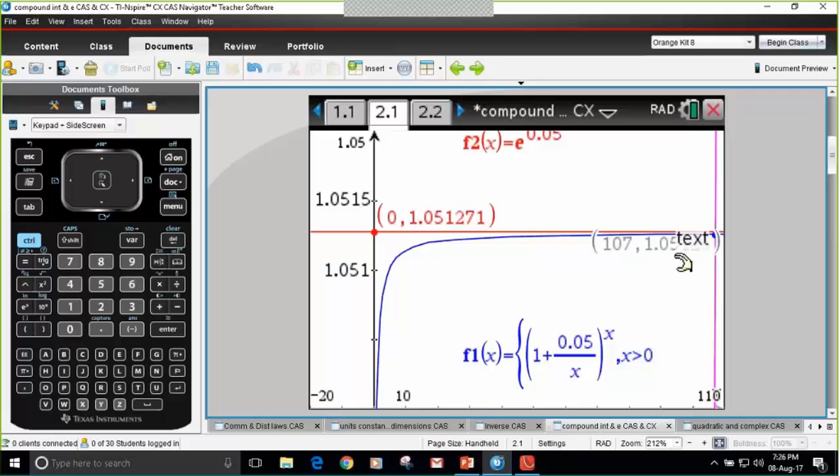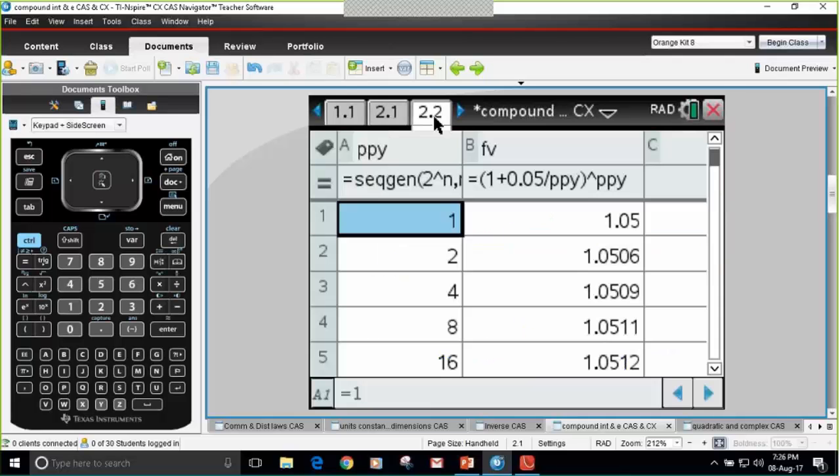And that limit is 1.05126, which is actually e to the 0.05, the interest rate of 5 over 100.